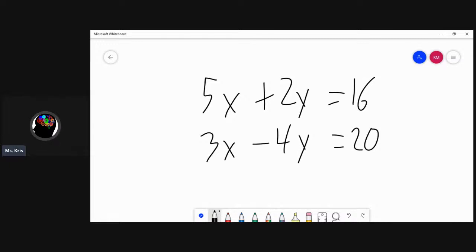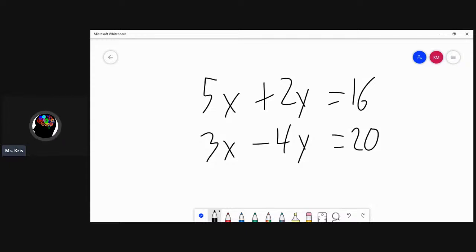5 and 3 have in common is 15. So to get 15, I would have to multiply everything on the top by 3 and then multiply everything at the bottom by 5, which could get a lot crazy and a lot messy. And then one of them will have to be negative, the other one has to be positive.